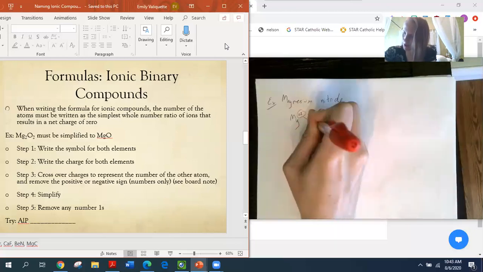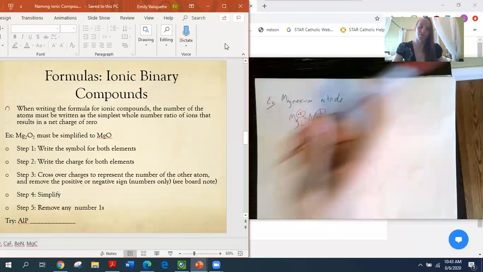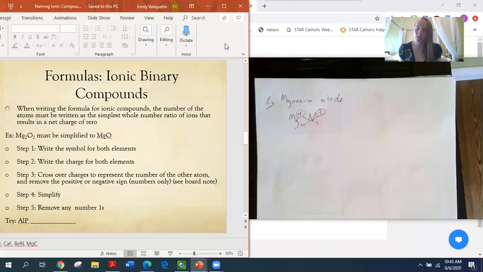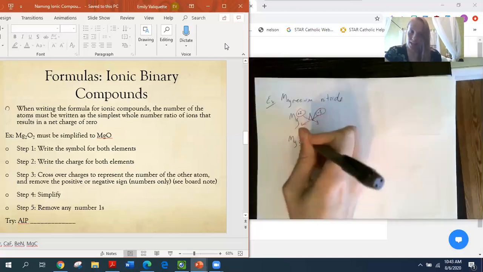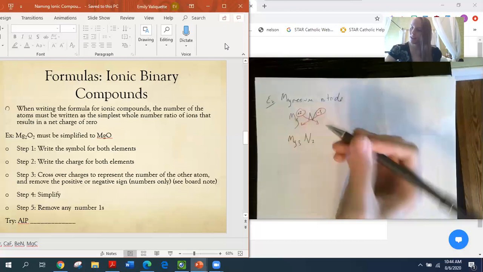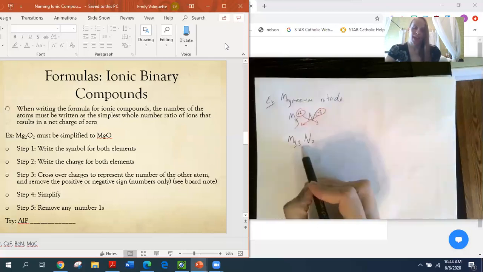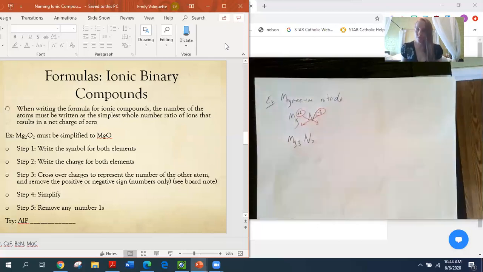and cross them over. When I cross them over, you only write the number, you don't write the positive or negative sign. So that would be Mg3N2, like so. And then you just want to make sure that it's simplified. So if there's any 1s, we get rid of them, we just don't bother writing them in.